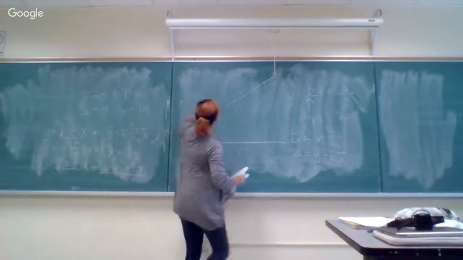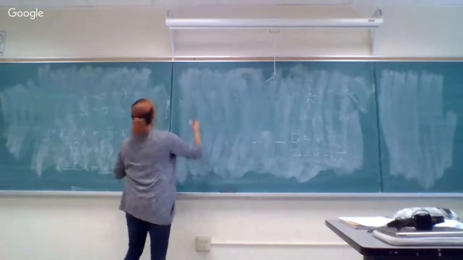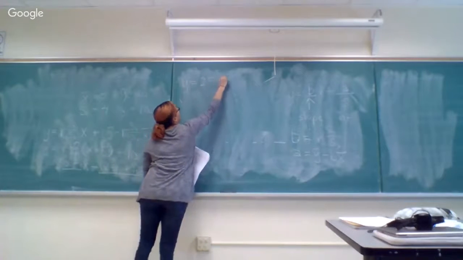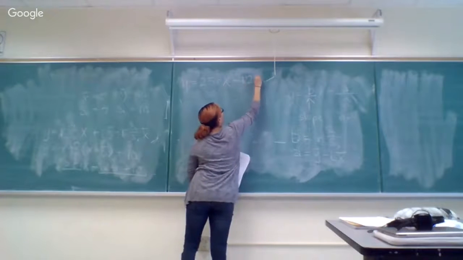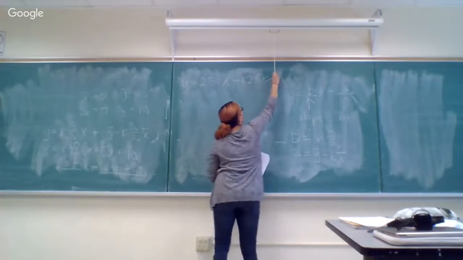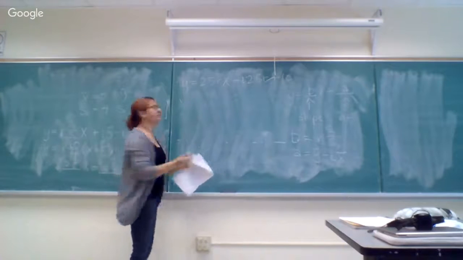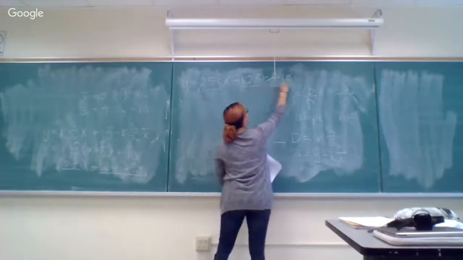Nobody can see. So what I have here is y equals, that better? Okay. So this would be our slope, and this would be our intercept, right?